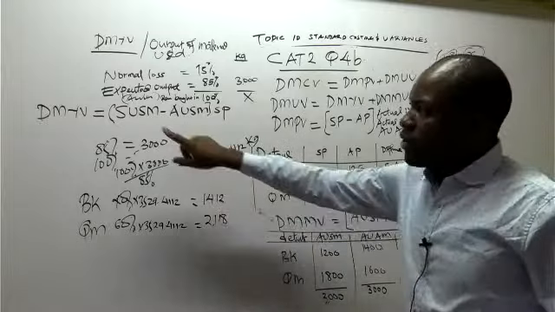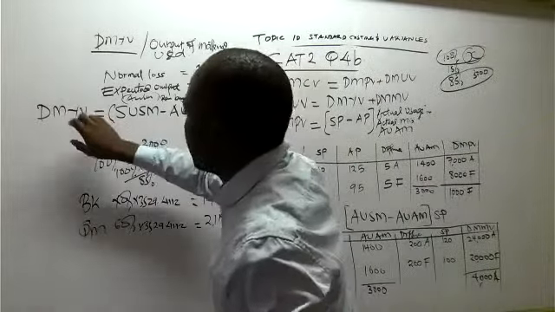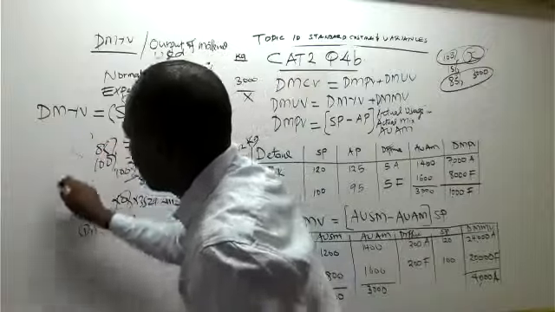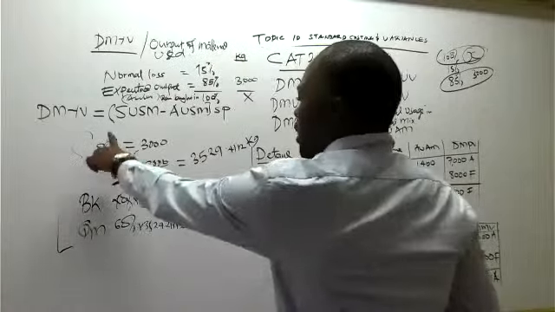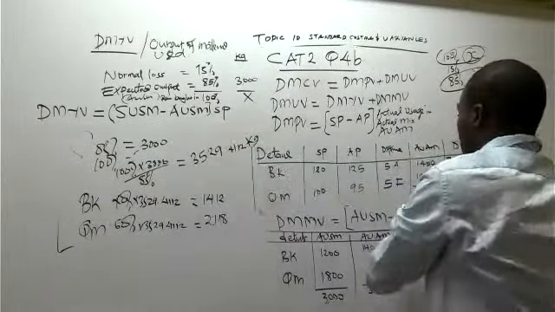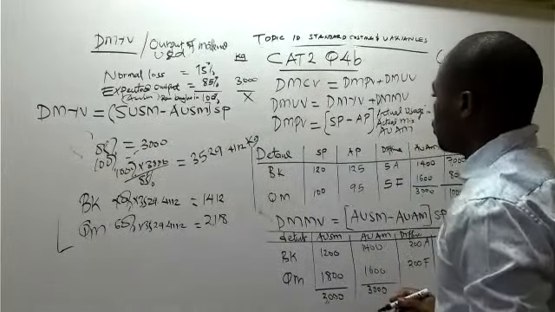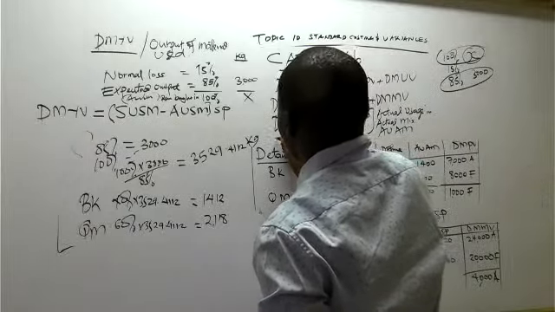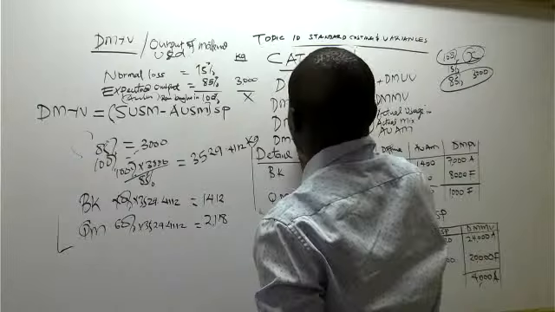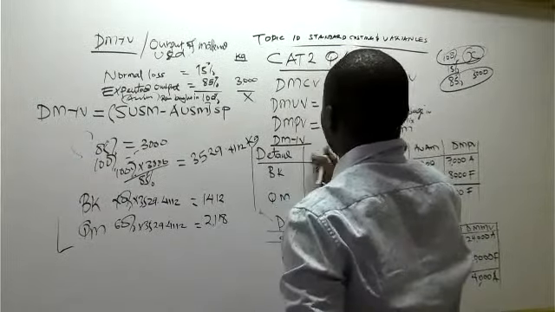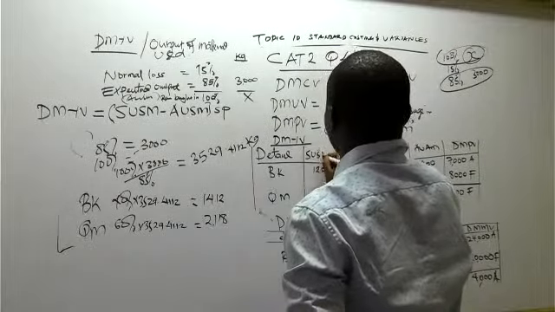Having done that, we now come to direct material yield variance. Standard usage in standard mix. This is what we have calculated here. Standard usage in standard mix. Actual usage in standard mix, we have it here. So what are we going to do? I will come here and indicate direct material yield variance. I just change this table. So I'll take this one to be my standard usage in standard mix.